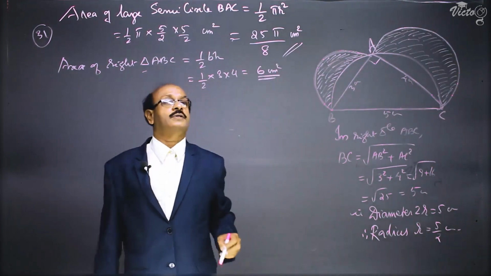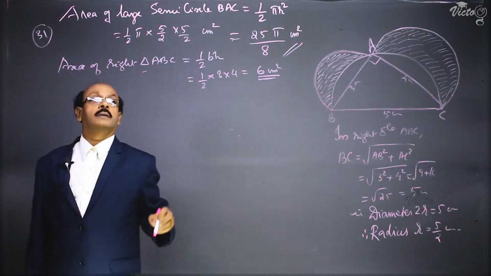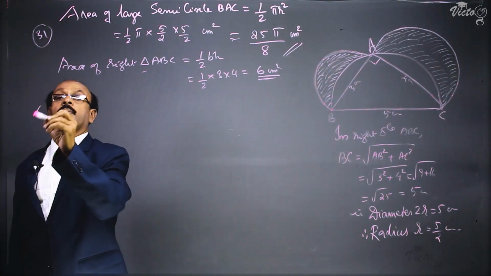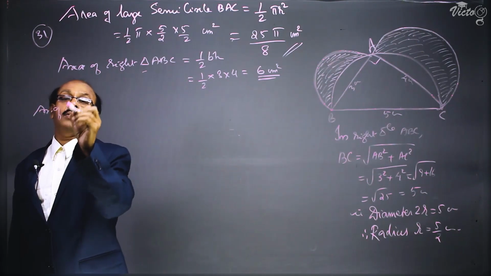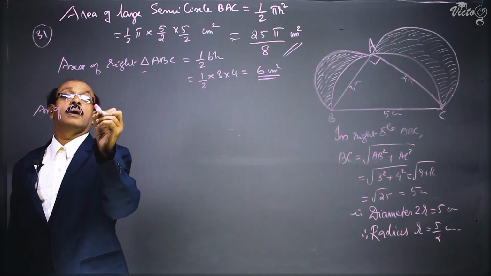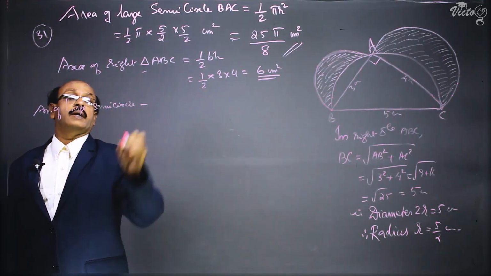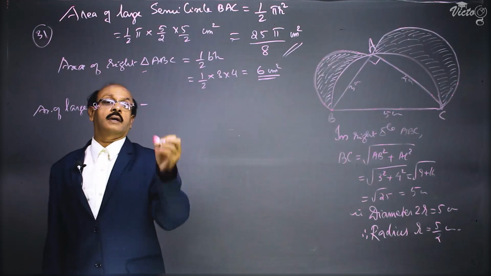We have to subtract the area of the triangle from the area of the large semicircle, that is area of large semicircle minus area of right triangle ABC.